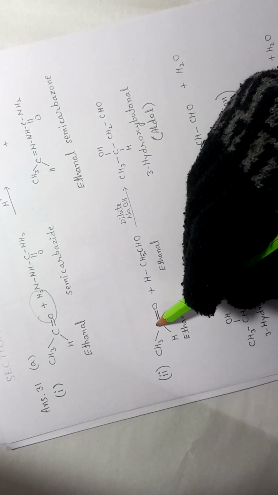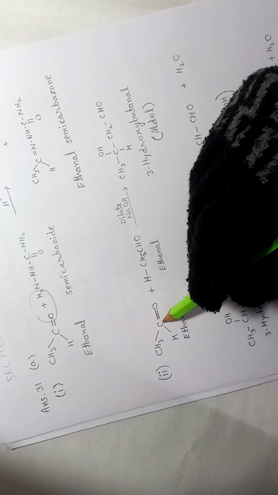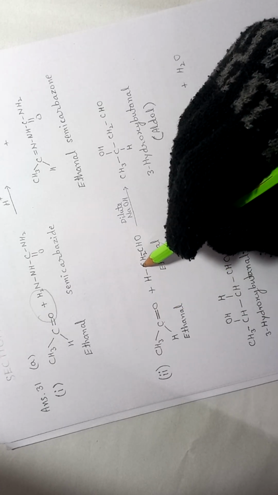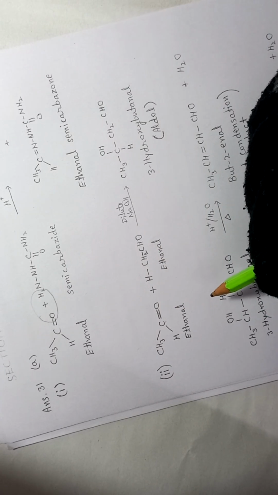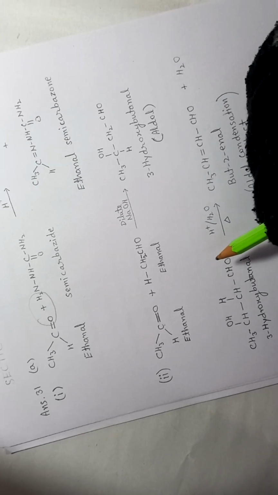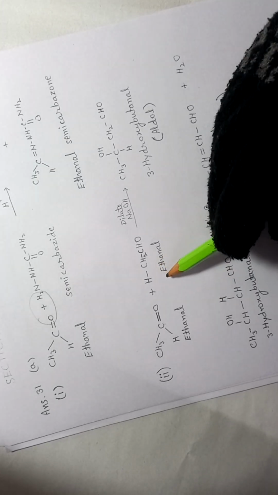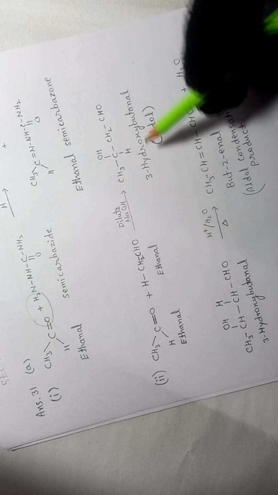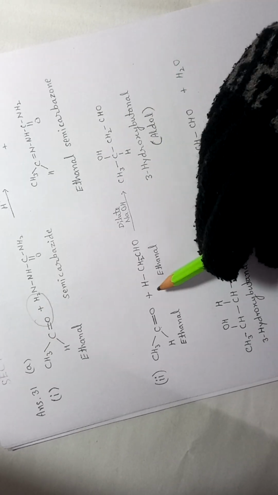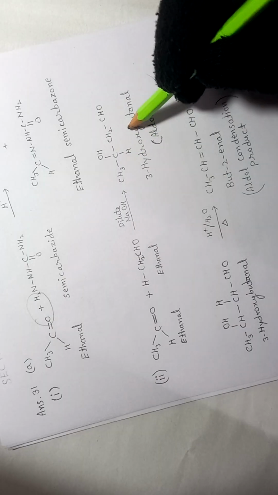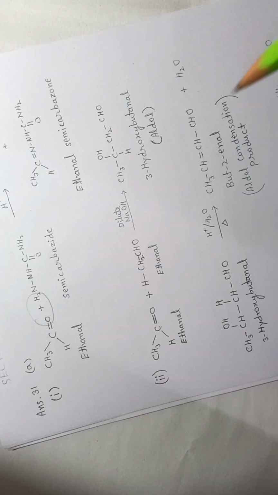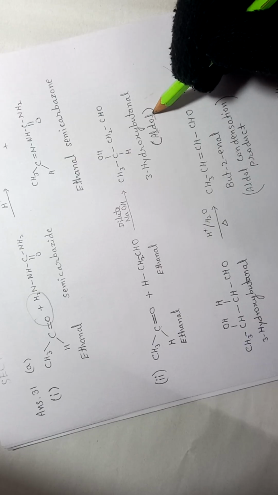The carbonyl group of one molecule interacts with the alpha hydrogen of another molecule. So this is an aldol reaction. First this product is formed. It is called aldol because aldehyde and alcohol groups are there. Ald and ol are there.